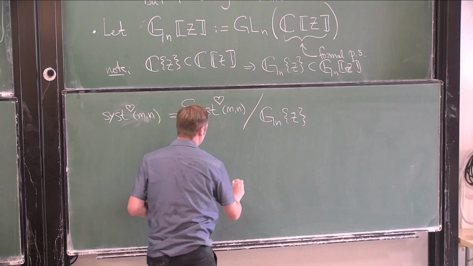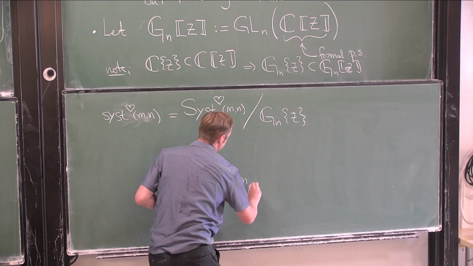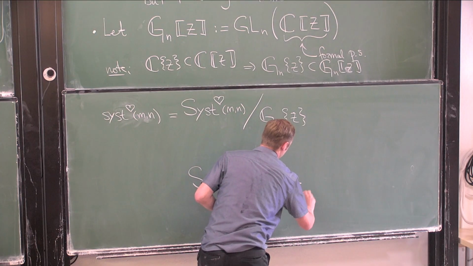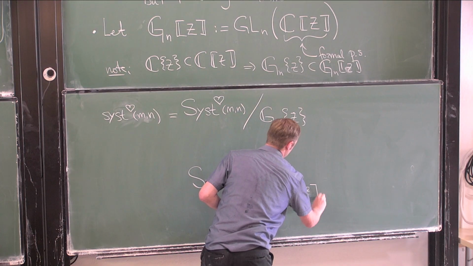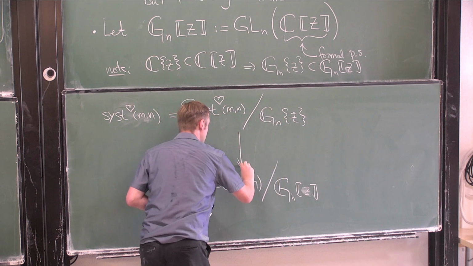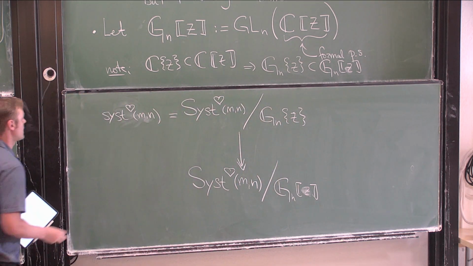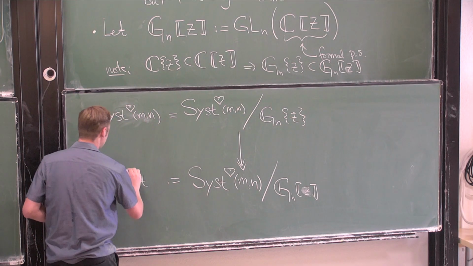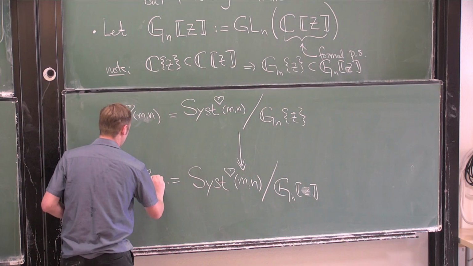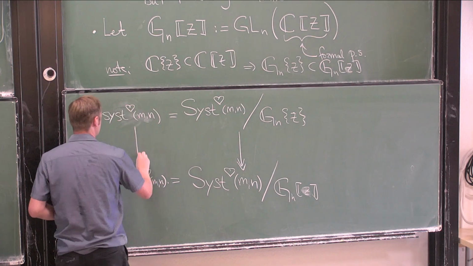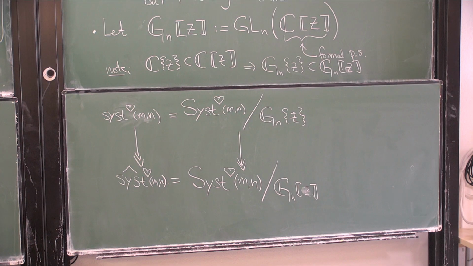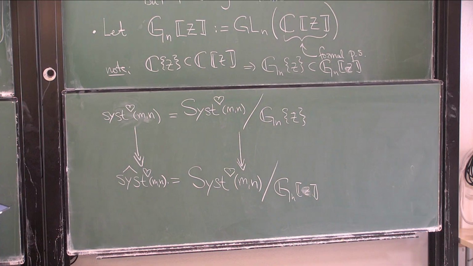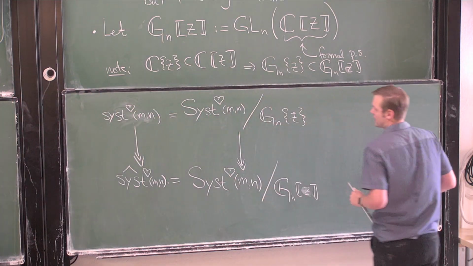So the quotient would be smaller, and I have a surjective map like this. I could call this some other version of this moduli space, maybe syst hat.